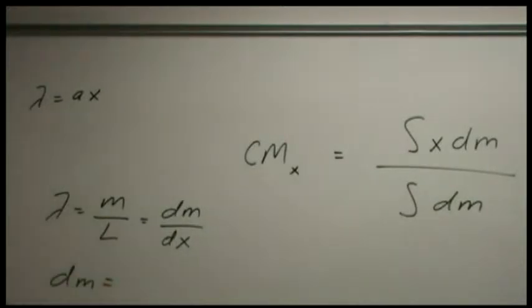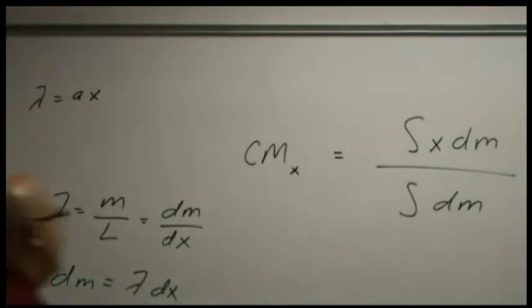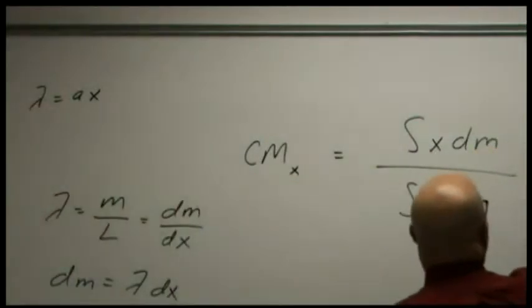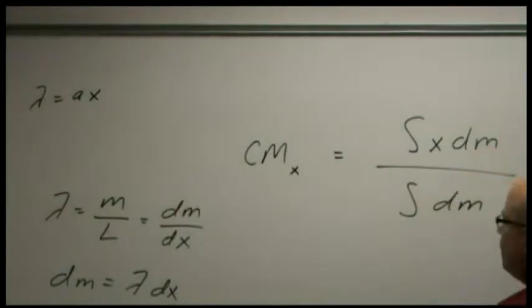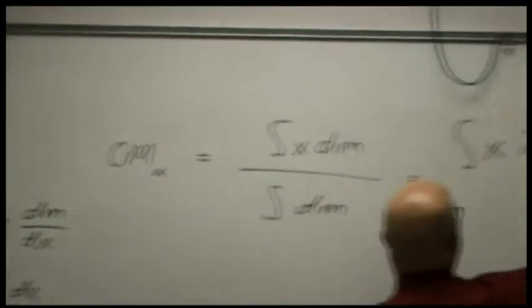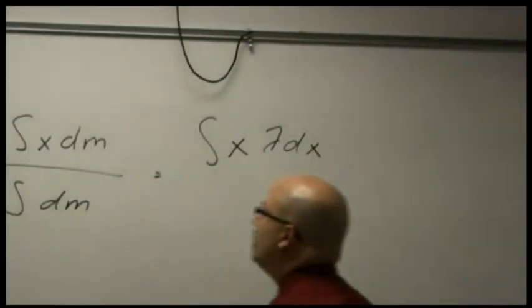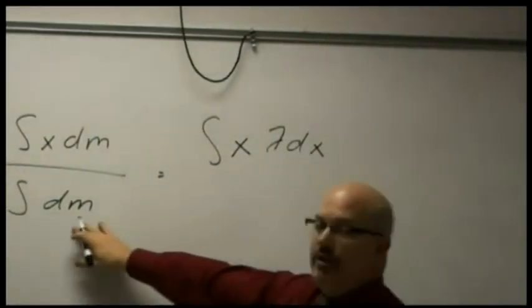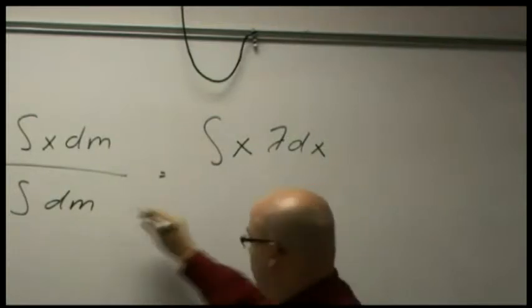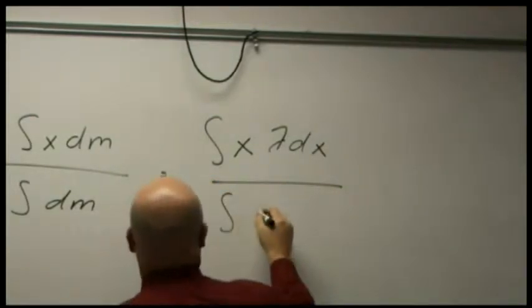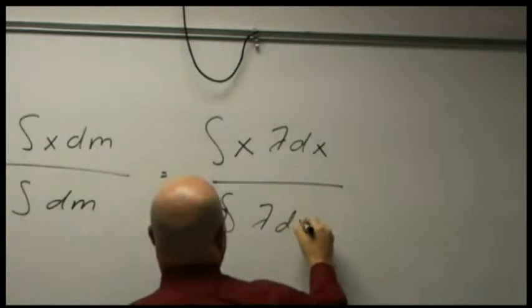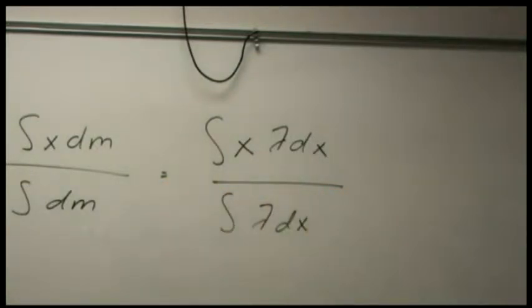What does that give us? Lambda dx. Substitute that in right here: integral of x lambda dx. Do we do that down here as well? Yes. And so we get lambda dx here as well. What do I do next?